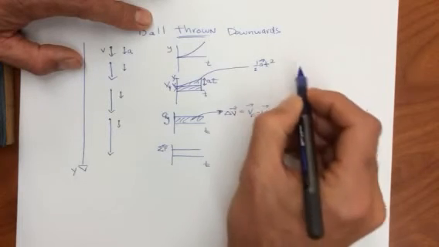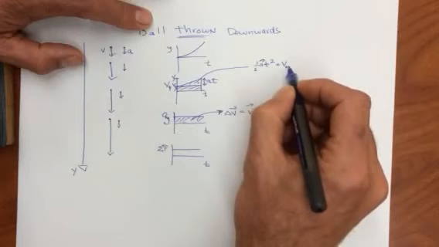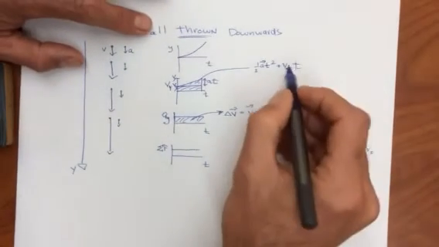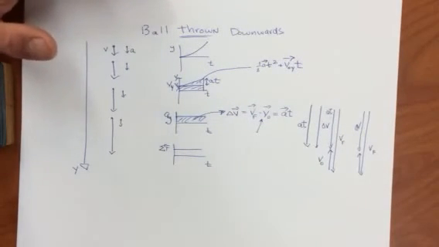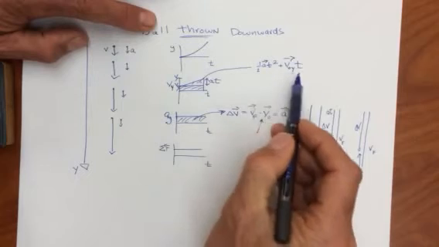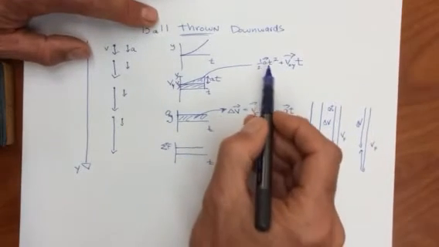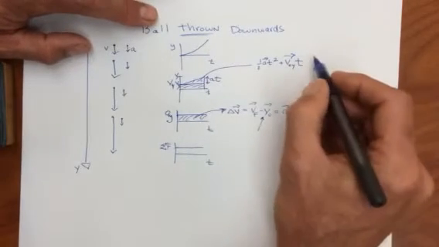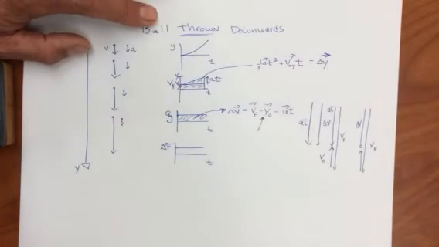So 1/2 AT squared vector plus v naught in the y direction, t. v naught in the y direction is a vector, but t is not. t is a scalar. So when I add these two vectors, oh, this is a cool one, when I add my 1/2 AT squared vector and my v naught t vector, I should get my displacement vector, right? That is quite cool.